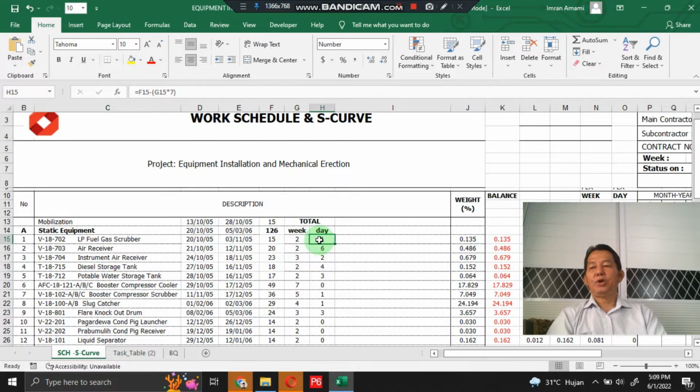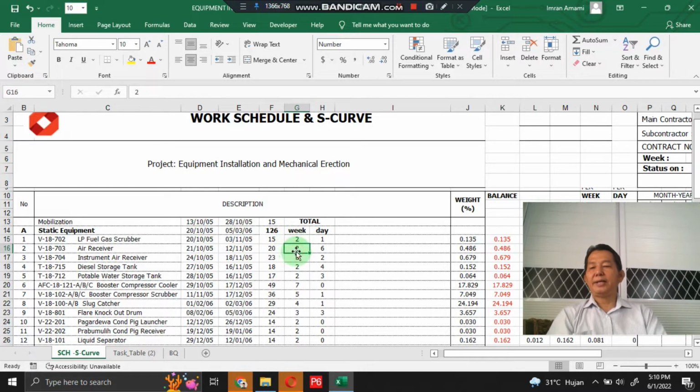For example, the LP fuel gas scrubber work item is 15 days. I interpret it as 2 weeks, meaning 2 multiplied by 7 days, plus the remaining 1 day. So the total is 15 days.